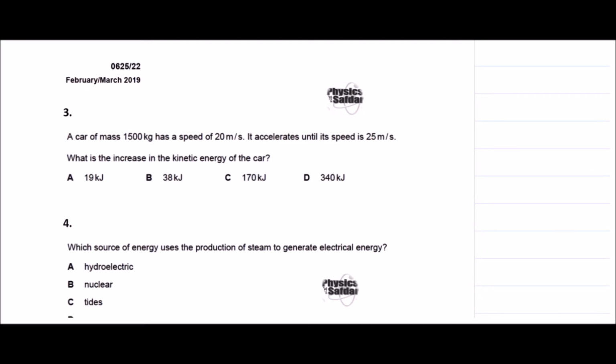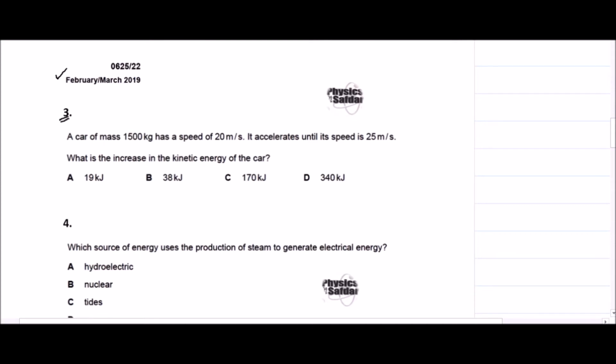This question is from the February-March 2019 series. Now the question is, a car of mass 1500 kg has a speed of 20 meter per second. It accelerates until its speed is 25 meter per second. What is the increase in the kinetic energy of the car? Underline the numbers.